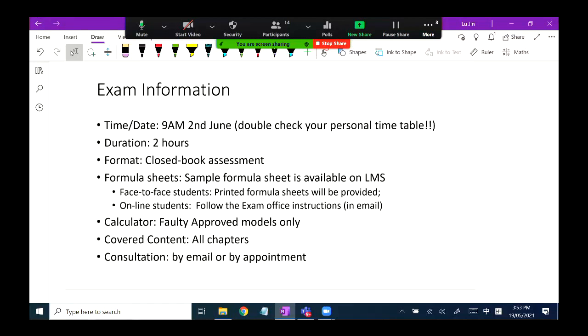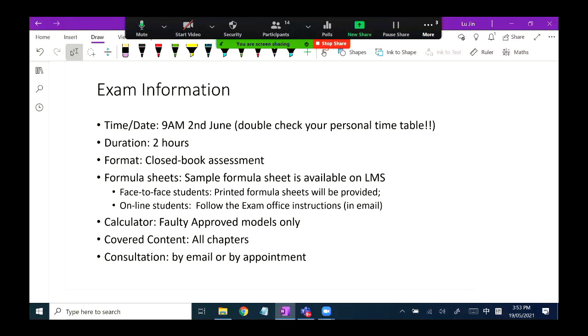The reason is that we have online students and face-to-face students. For online, we can't run the open book exam, and we have to keep the two groups of students treated fairly. So if the online students have to take the closed book exam, face-to-face students have to take the same style, a closed book exam.